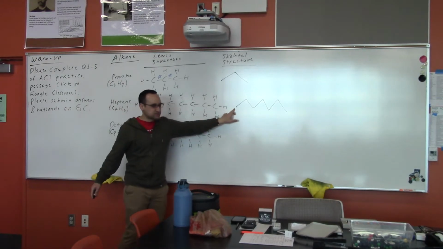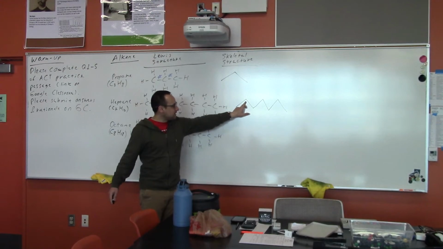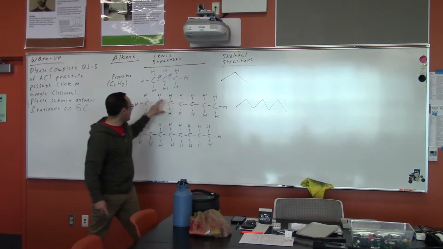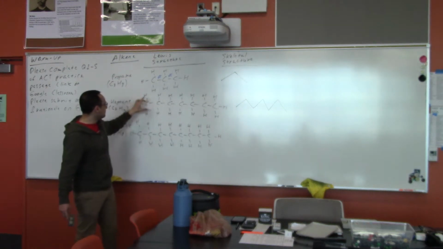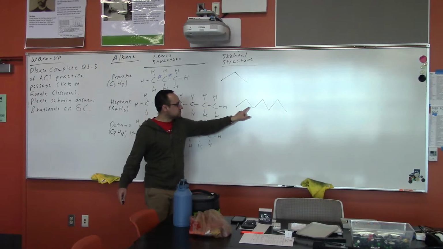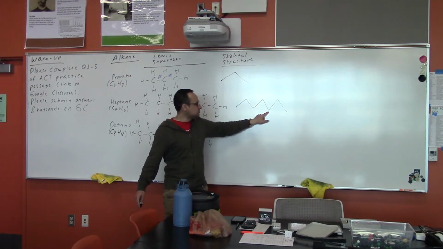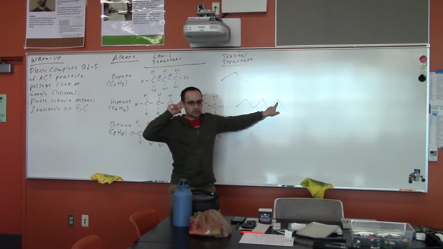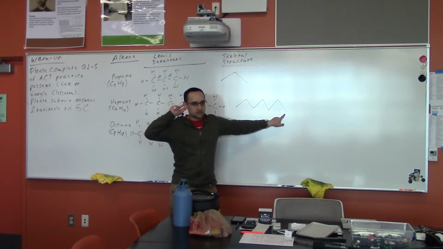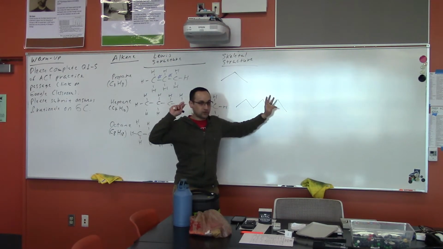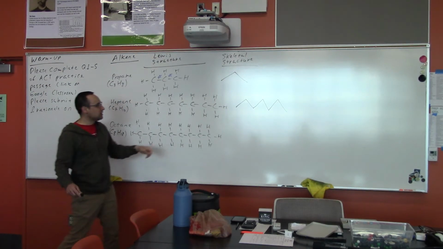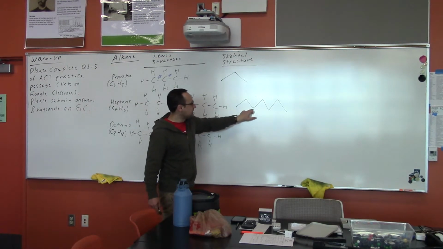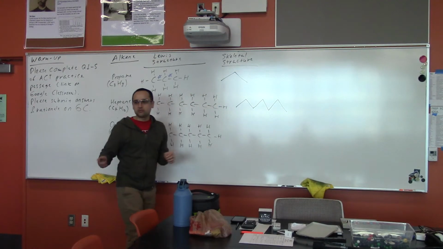This is CH3. This guy is C bonded to 2 carbons, but it's also C with how many H's? 2. CH2, right here. CH2, CH2, CH2, CH2, and this one is CH3, right? The ones on the end by themselves are CH3. The ones in the little kinks are CH2. That's what we need to understand for now.